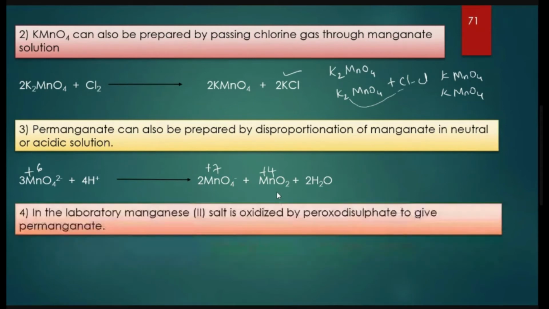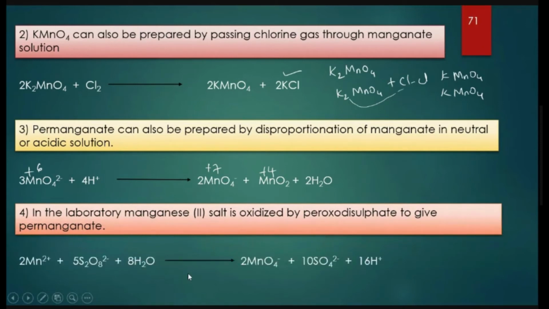The last method is like this. In the laboratory, manganese 2 salt is oxidized by peroxodisulfate to give permanganate. Here you can see this S2O8 2 minus is the peroxodisulfate ion, which when made to react with the manganese 2 salt in presence of water, is going to form permanganate ion along with the formation of sulfate.